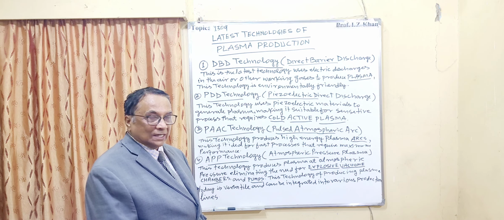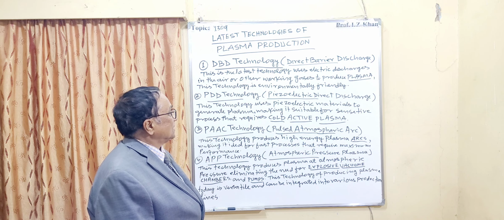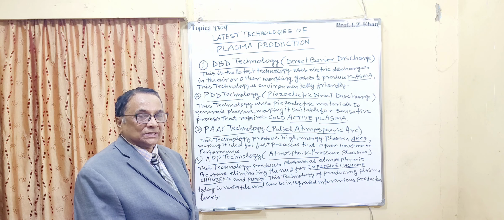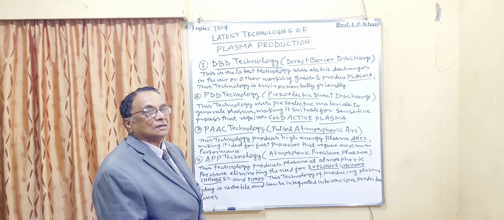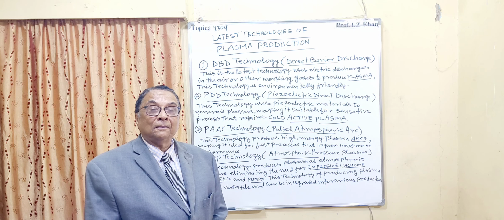The full form is dielectric barrier discharge technology, and this is the latest technology. It uses electric discharges in the air or working gases to produce plasma. In the air they use discharge. You might have seen discharge in the ionosphere.